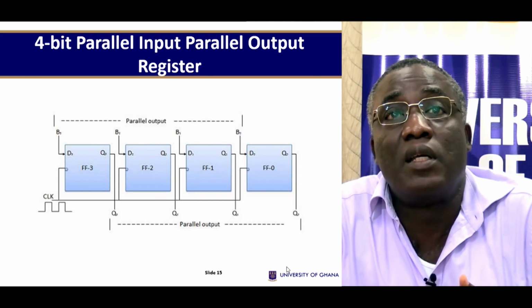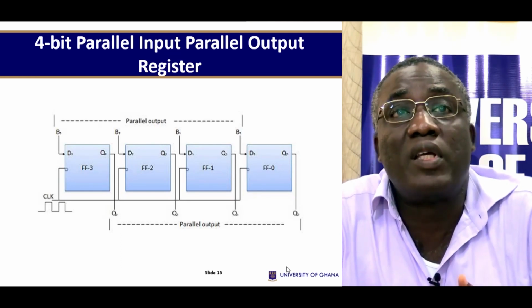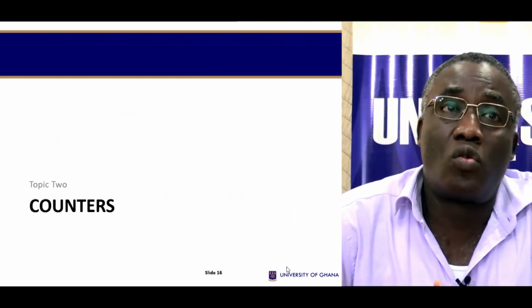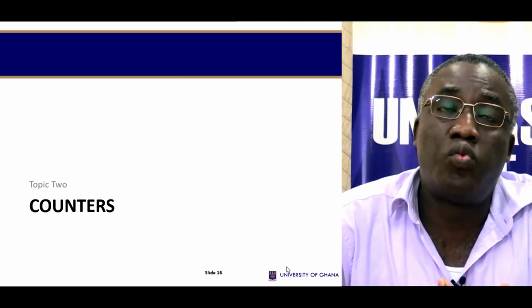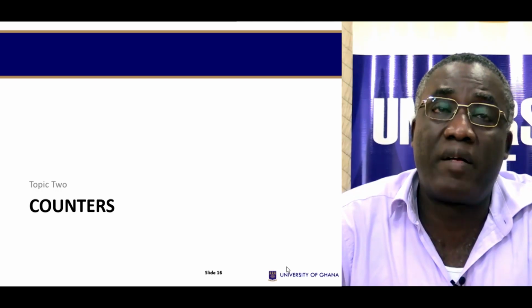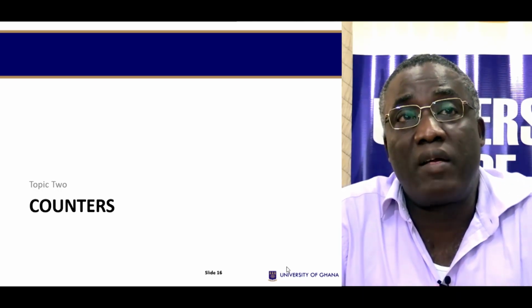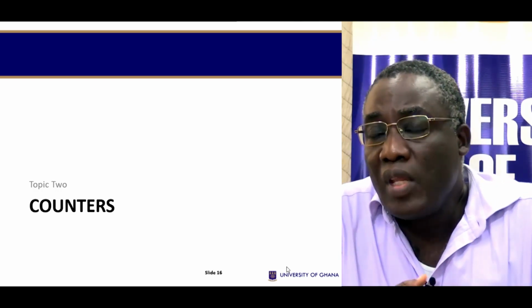So if you look at the circuit carefully, you don't see Q3 being connected to D2 as in previous cases. So we've seen the shift registers: serial input, serial output; serial input, parallel output; parallel input, serial output; and parallel input, parallel output. Now let's look at counters.